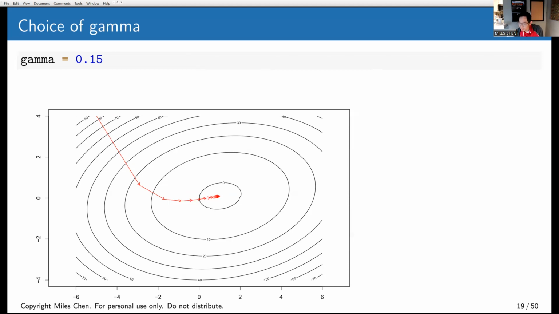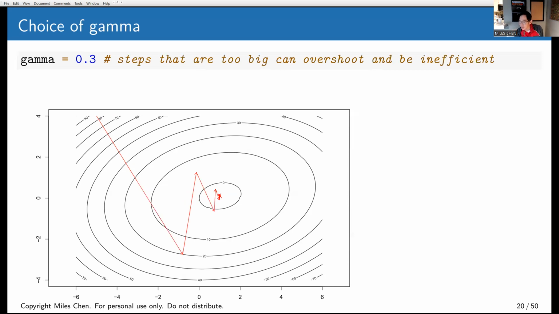Sometimes you end up picking a big gamma, and you get a weird thing happening. Here I have gamma 0.3, and remember I started off here, and this is the direction uphill, and we want to go in the opposite direction.